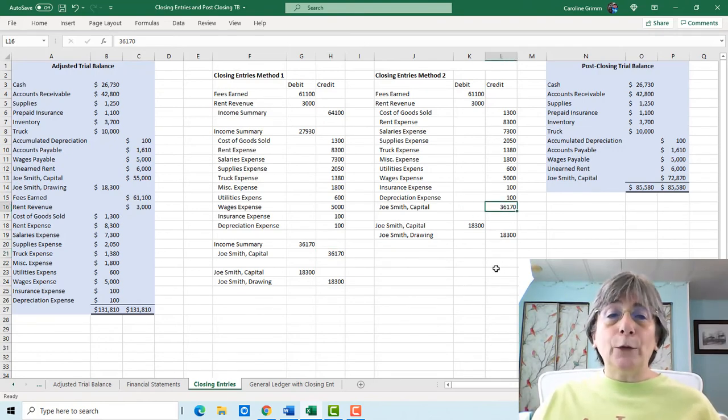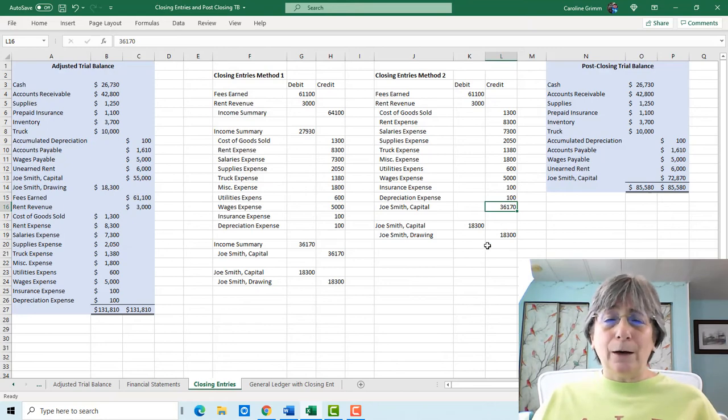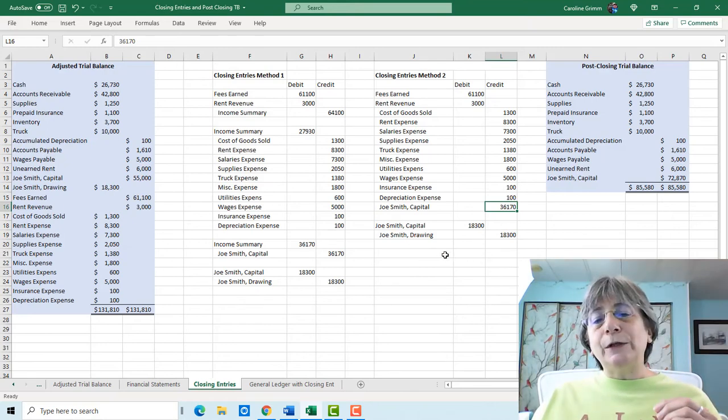So we're cutting out that middleman account. So that brings this entry into balance because we have our revenue minus our expenses, and then the difference between the two is our net income. And then we still need to do the entry where we close out our drawing account into Joe Smith's capital account.